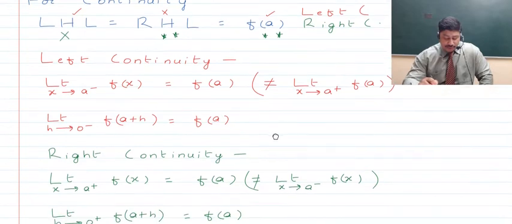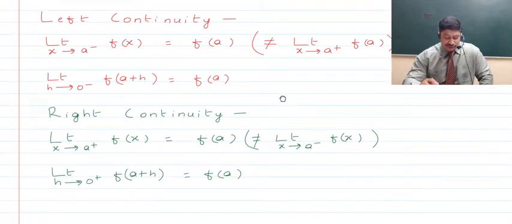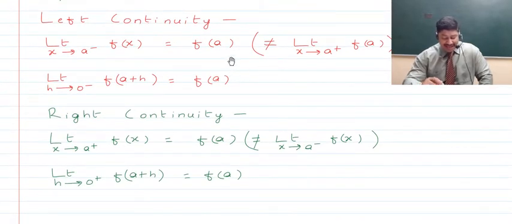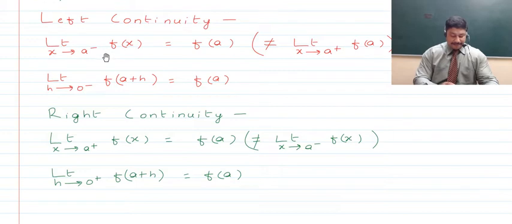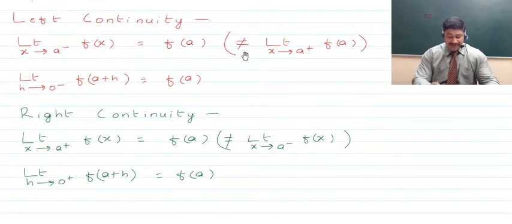Now for the children, we talk about the definition of this with respect to first a and then with respect to h, which is the infinitesimally small quantity, for left continuity and for right continuity. So if we talk about limit x tends to a minus f of x, then that's equal to f of a. So this is left continuity. Obviously in bracket here it's been written that the left hand limit will not be equal to the right hand limit.